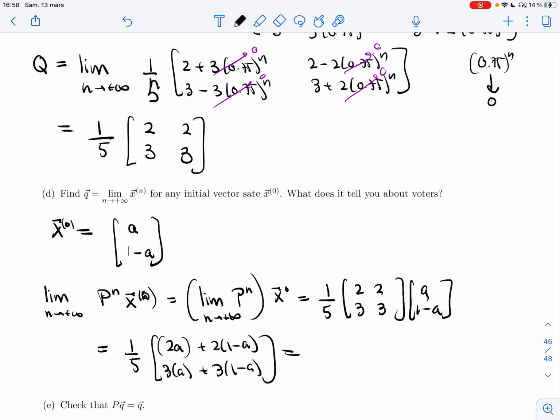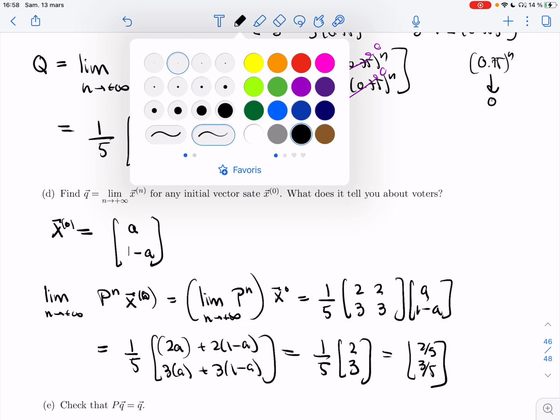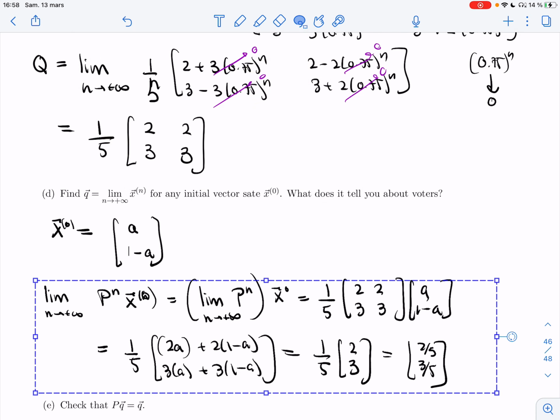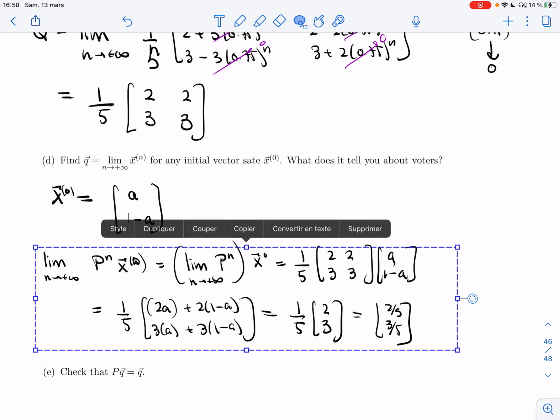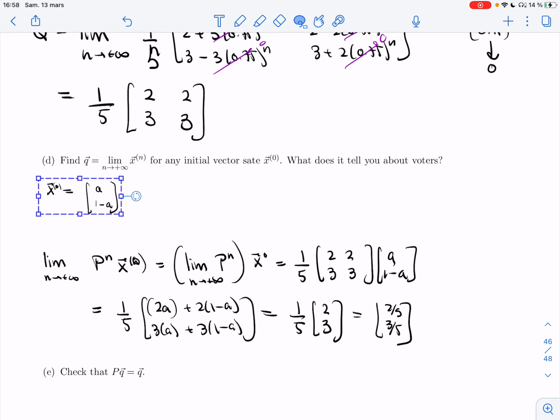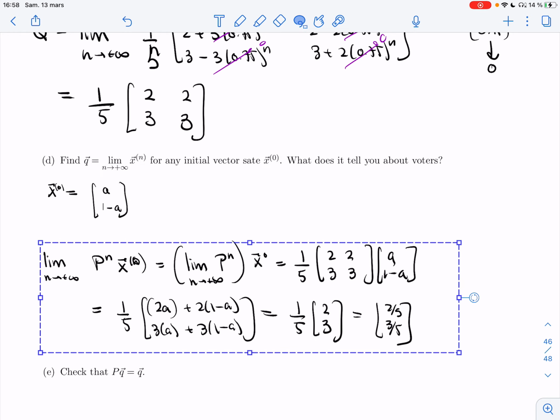And if I simplify the interior, I get 1/5 (2, 3). So that means (2/5, 3/5). All right, so wherever I start, I will end up with 40% probability in the liberal camp and 60% in the conservative camp.